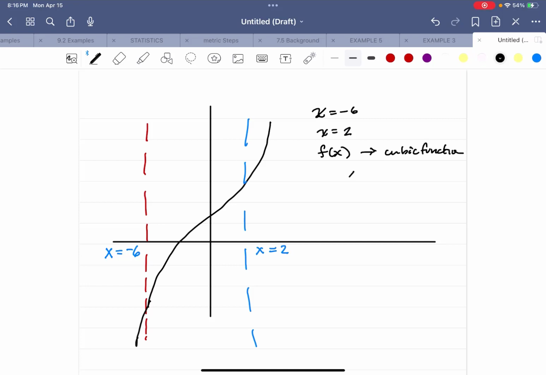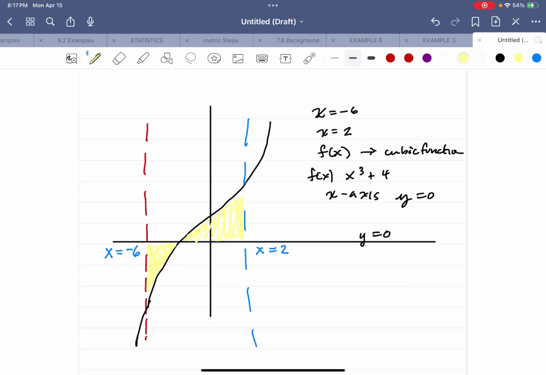Might be something like x cubed plus 4, and they say the x-axis, or they may say y equals 0. So this is your bottom function sometimes, y equals 0, and then the curve is your bottom function sometimes. So this is the area they're looking for. Area in here, and the area in here.